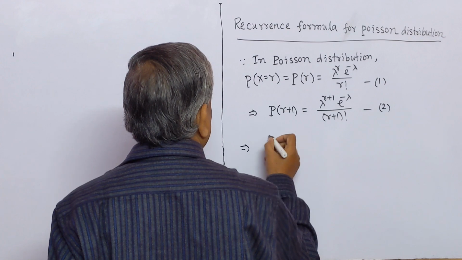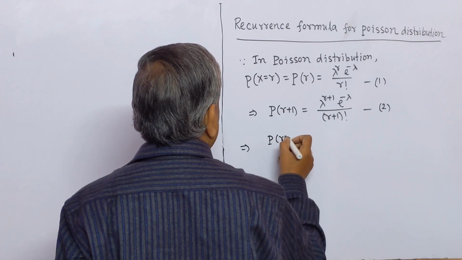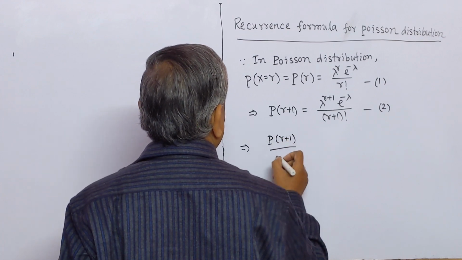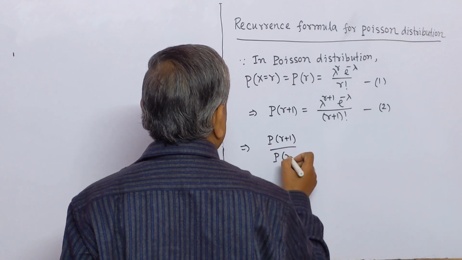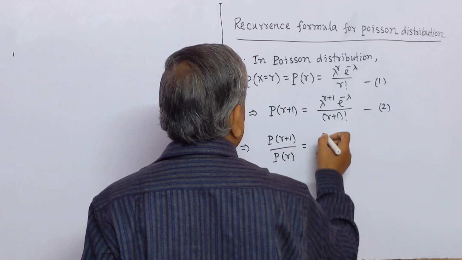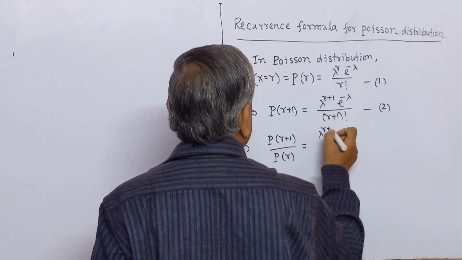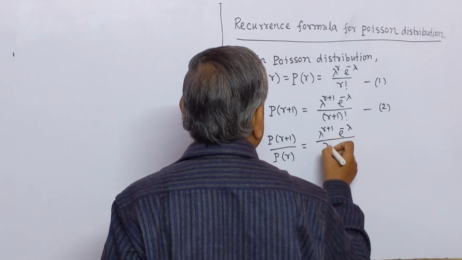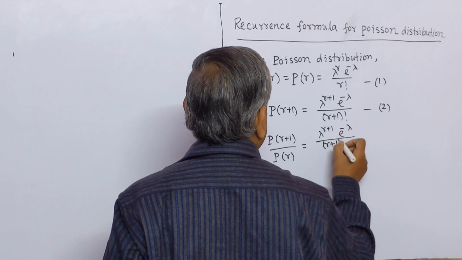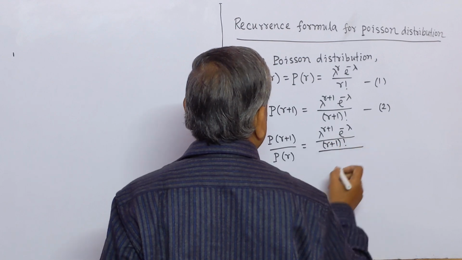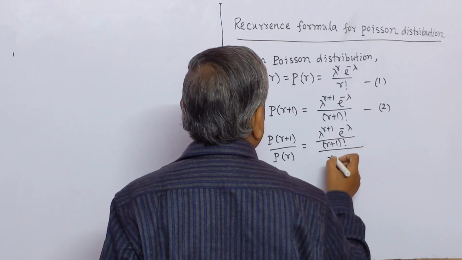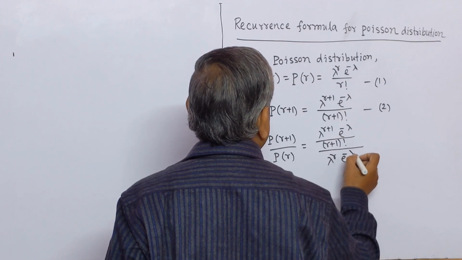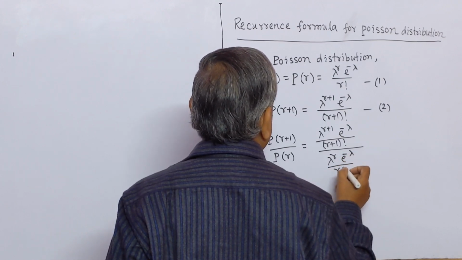Implies that P(r+1) by P(r) equals lambda to the power r plus 1 e to the power minus lambda by factorial r plus 1, divided by lambda to the power r e to the power minus lambda by factorial r.